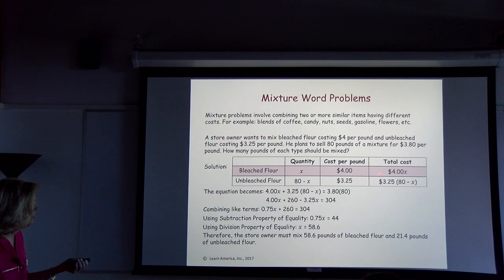All together, when I mix the bleached and the unbleached flour, it has to give me an 80-pound mixture that I want to sell for $3.80. Use the distributive property, combine your like terms, and you'll find that your X value is 58.6. So there's 58.6 pounds of bleached flour and the difference, 21.4 pounds, of unbleached.